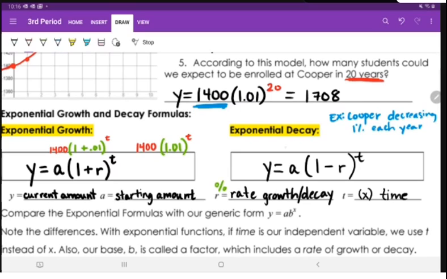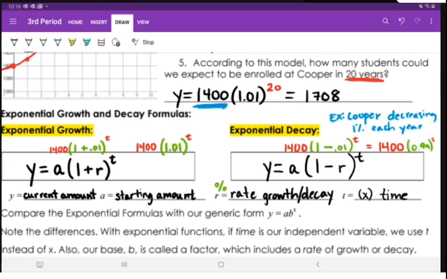That would give us 1,400 times 1 minus 0.01 to the t, which would be 1,400 times 0.99 to the t. So now you see the difference between adding 1% and subtracting 1% each year.